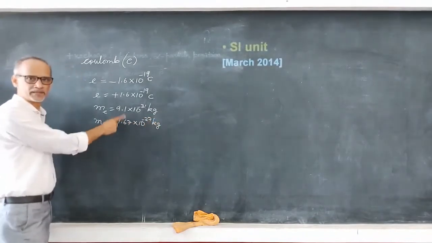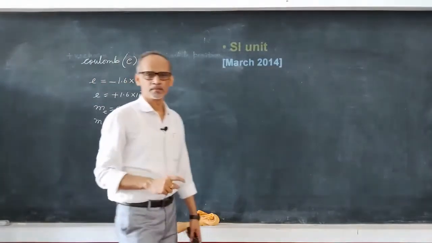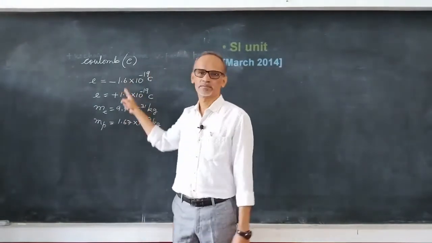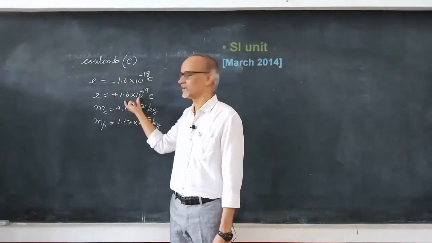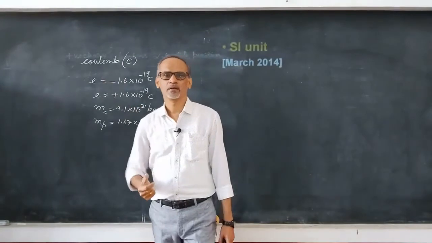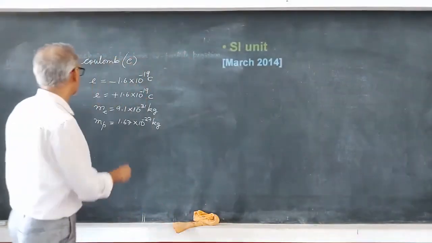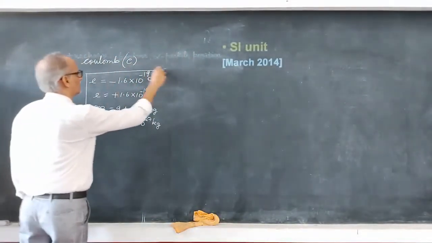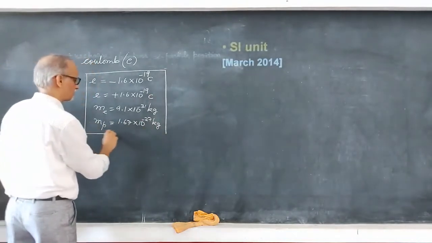So they have different masses, but the same magnitude of charge. Magnitude means only the value, but their signs are opposite. You need to remember this constant from the exam point of view.